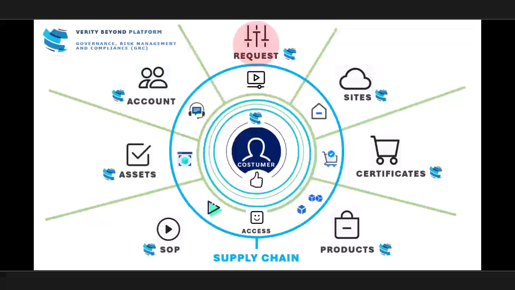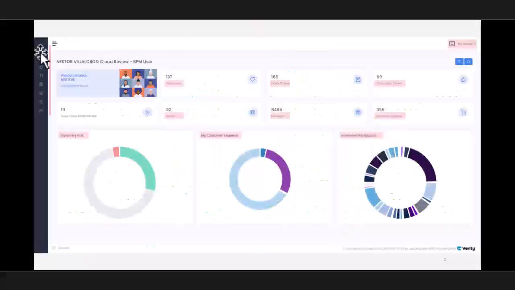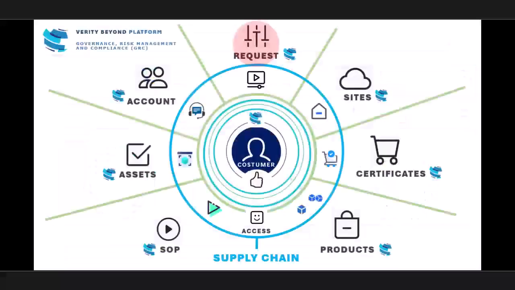and I'll be talking about each one of these icons that you see on our dashboard. The request, sites, customers. You will see certificates, products, SOPs, which is standard operating procedures.